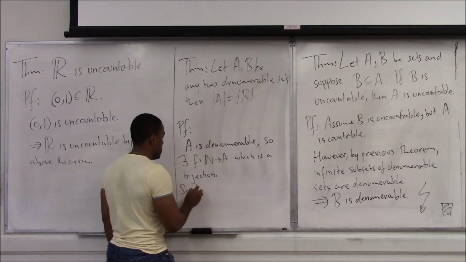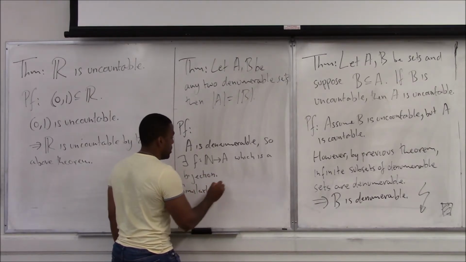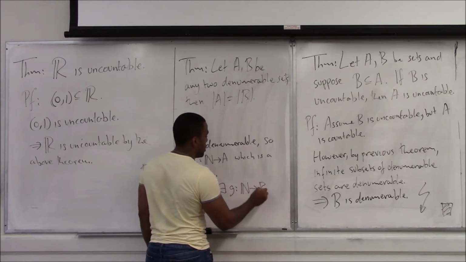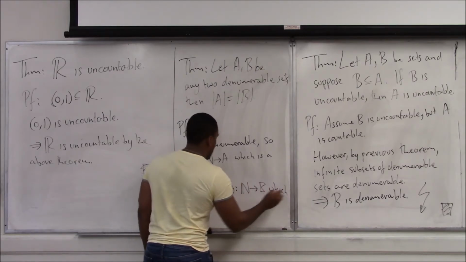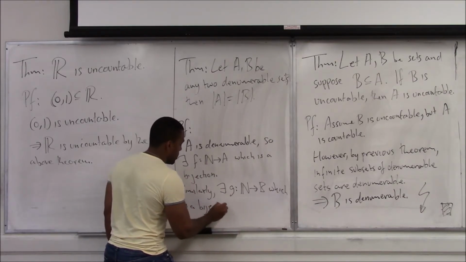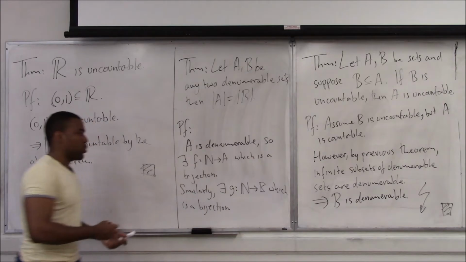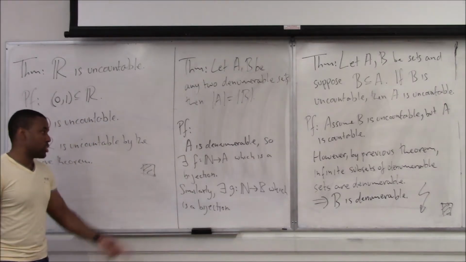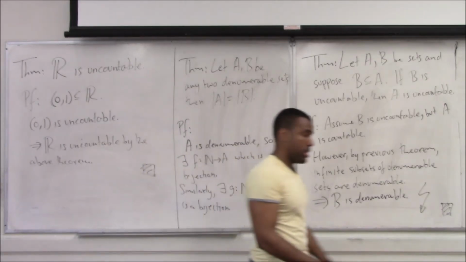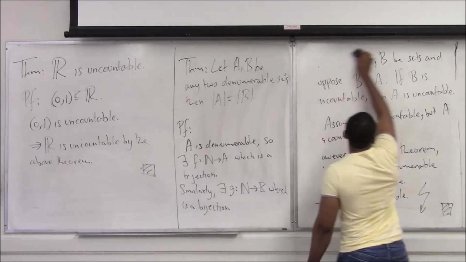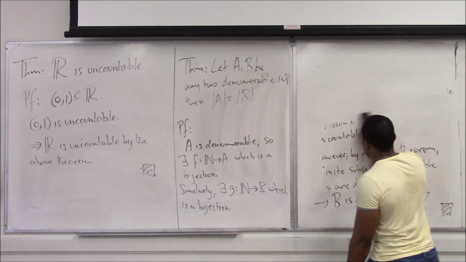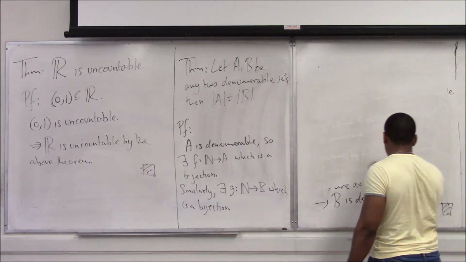Similarly, there exists g from N to B, which is a bijection. So this is what it means to be denumerable. We'll assume that we can find such a function. We might not necessarily know what they are, but they would exist if they're denumerable. We would be able to write in a list and just map 1 to the first element, 2 to the second element, 3 to the third element, and so on and so forth.